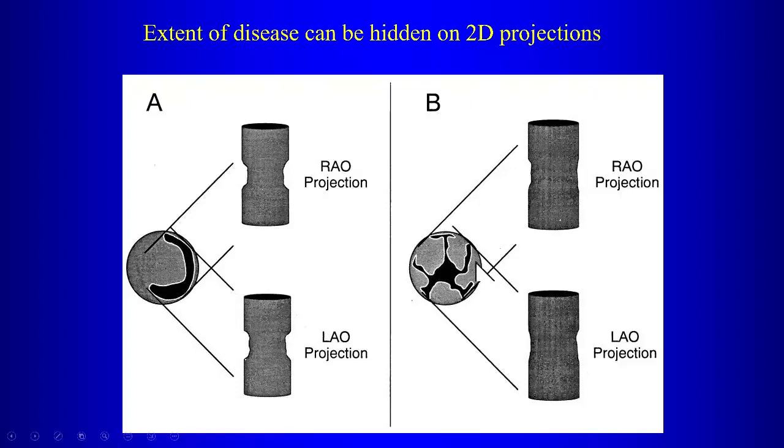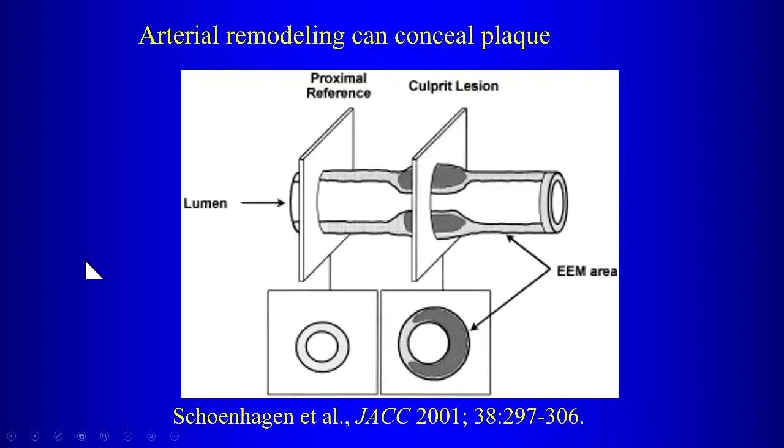Similarly, if you have a really severely ulcerated plaque like this, and then you get the contrast within the crevices, again, you're going to severely underestimate the severity of that. And so all these limitations come from looking at just the lumen of the vessel on 2D projections.